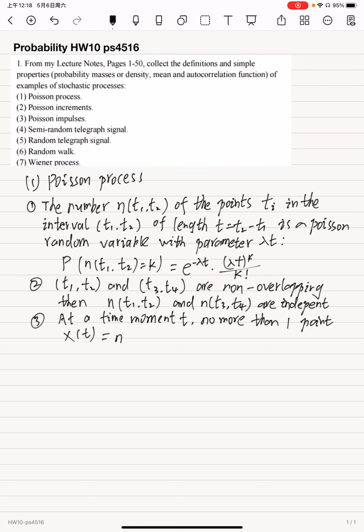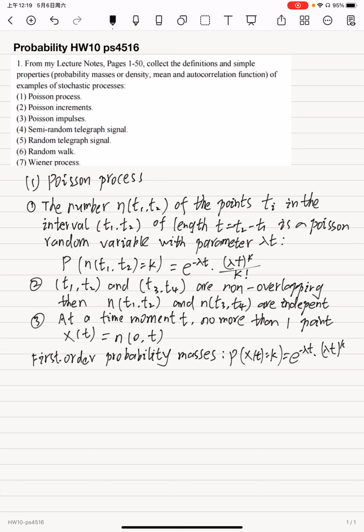X(t) equals n(0, t). The first order probability mass is that the probability X(t) equals k equals e to the negative lambda t multiplied by lambda t to the kth power divided by k factorial.